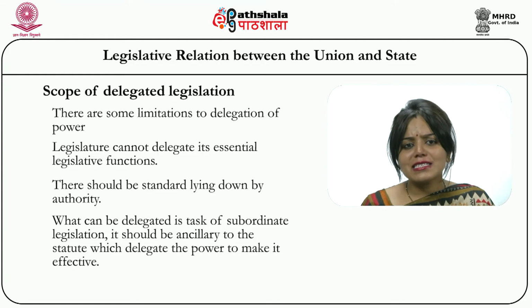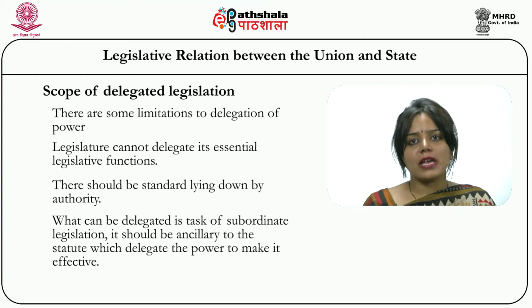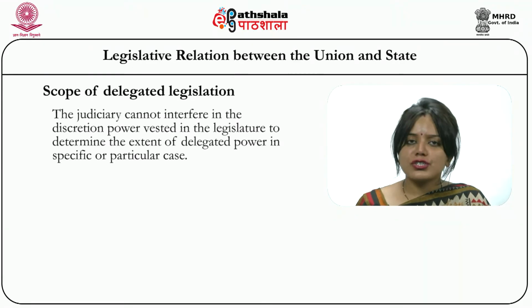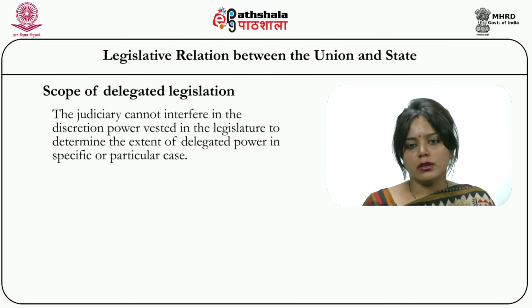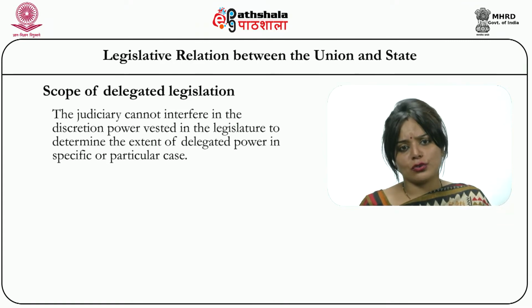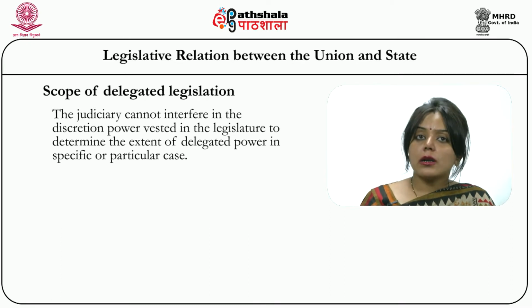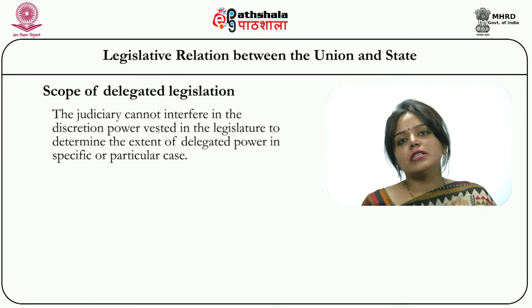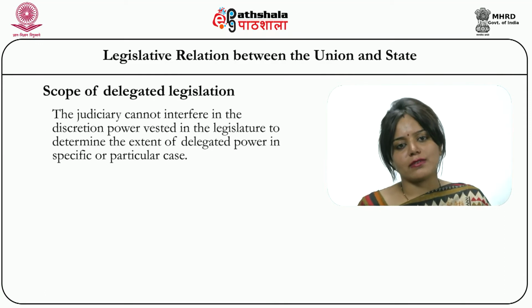It should be ancillary to the statute which delegates the power to make it effective. And the last limitation, the judiciary cannot interfere in the discretionary power vested in the legislature to determine the extent of delegated power in specific or particular cases.